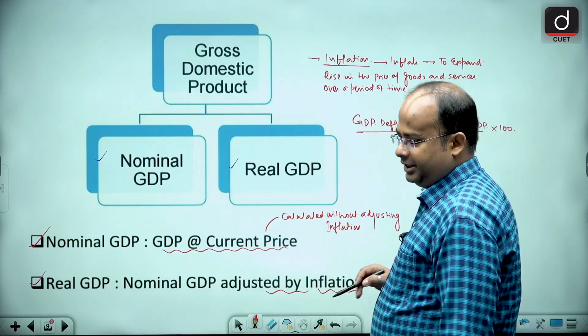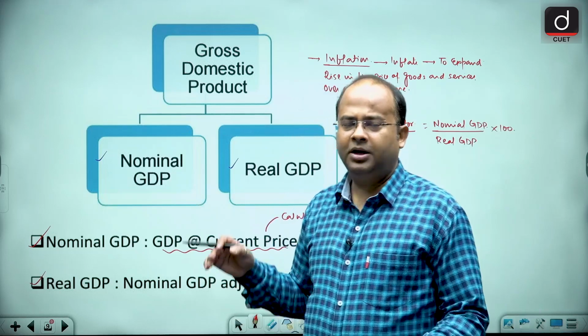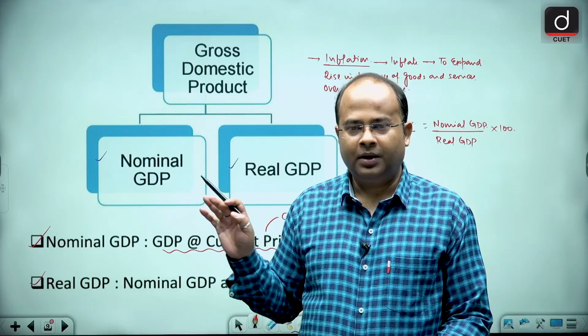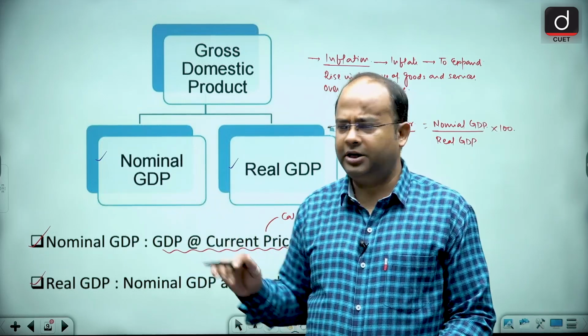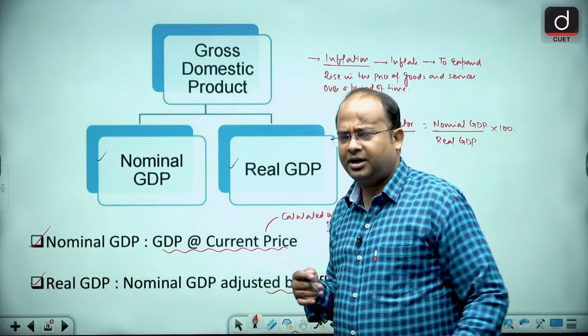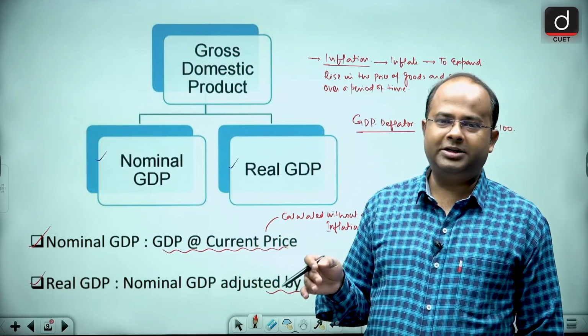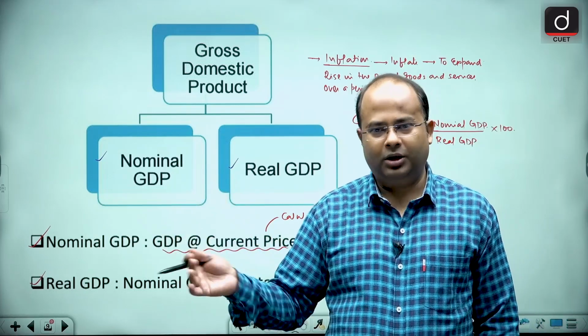This is called GDP deflator. I hope it is clear to all of you guys. You can be asked directly how GDP deflator is calculated: nominal GDP divided by real GDP into 100.